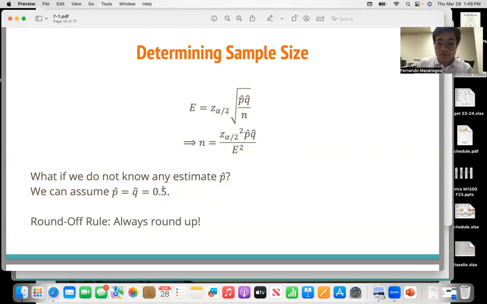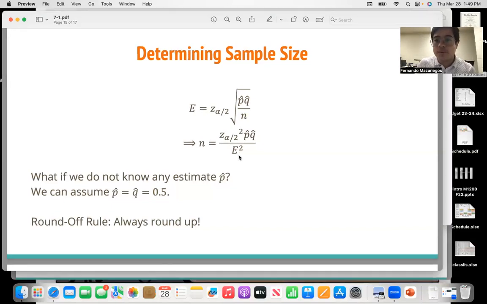So we multiply 0.5 times 0.5 here. We multiply by the square of the corresponding critical value and divide by the square of the margin of error. So let's do that.